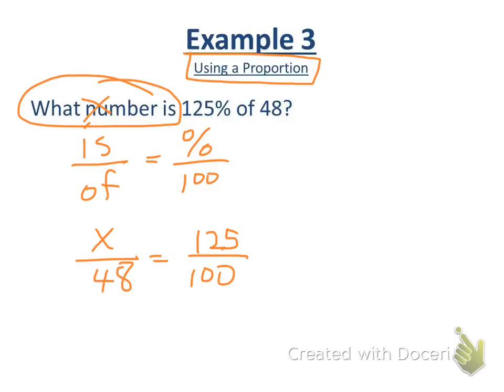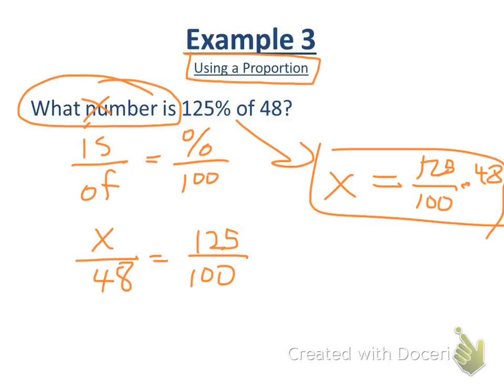There's your x, your variable. Just like the first couple that we looked at, where we did a direct approach, this is the ratio or proportion approach to it.